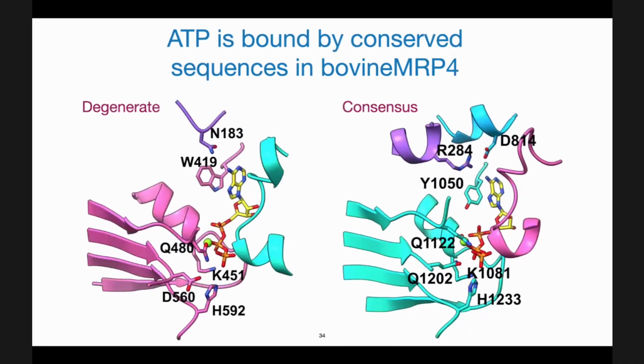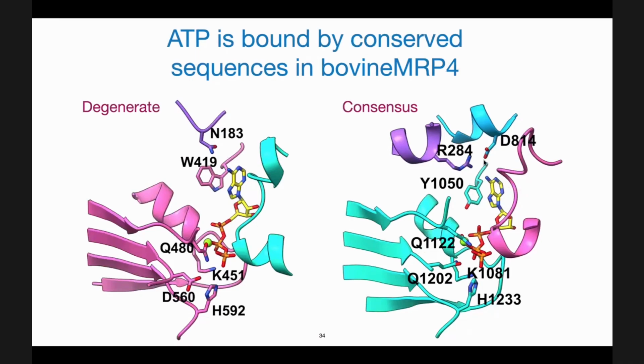And in another conclusion, ATP is bound by conserved sequences in bovine MRP4. Here you can see that the Walker A and Walker B sequences I was talking about are all interacting with the ATP. The adenine ring of ATP is stacking around this tryptophan in the degenerate site, and the phosphate groups are bound by positive lysine, glutamine and histidine residues.